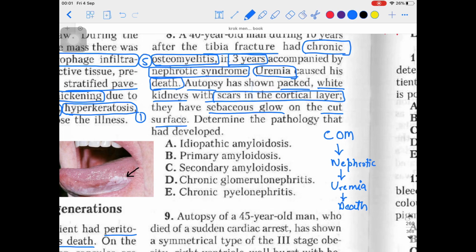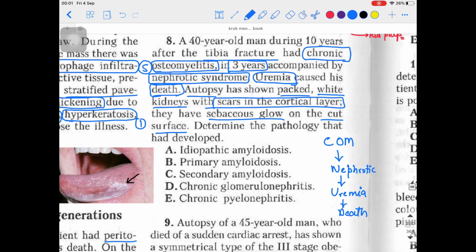So, secondary renal amyloidosis, I would like to give you some examples which you can remember. They used the example of chronic osteomyelitis in the Krok 2 paper, and in some questions of previous years they used ulcerative colitis. Same situation was there; instead of chronic osteomyelitis, they gave ulcerative colitis.